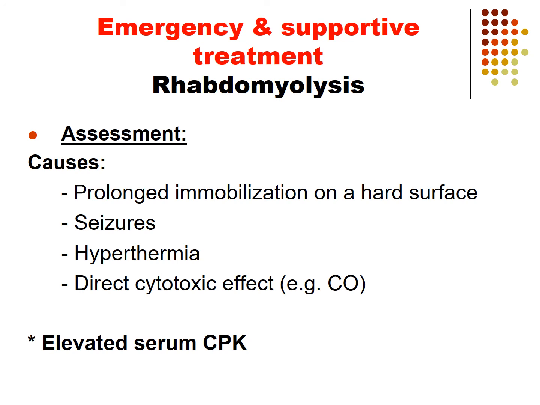Damage of the skeletal muscle may be associated with release of myoglobin into the circulation. It may obstruct the renal tubules and end in renal failure. Of course, these conditions are usually associated with elevation of the serum creatinine phosphokinase.